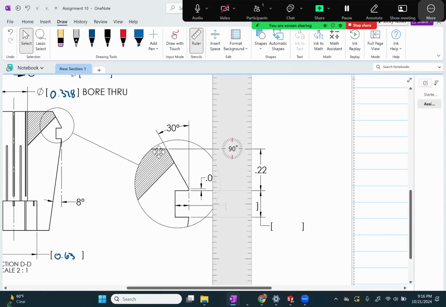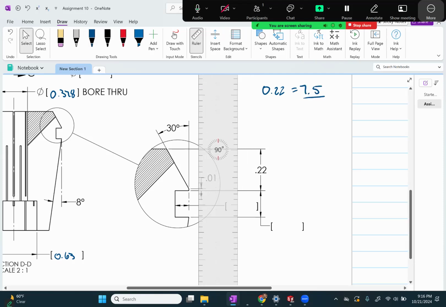However, ratios are unitless, so the units don't really matter in this instance. Okay, so if we're going to set up another equation saying 0.22 on the paper on this drawing is equal to 1, 2, 3, 4, 5, 6, 7, about 7.5 marks on the ruler.